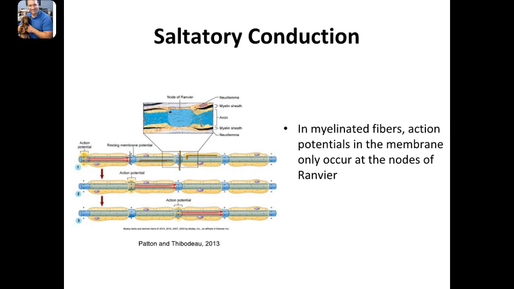Remember that the myelin sheaths are produced by a particular glial cell called a Schwann cell in the peripheral nervous system, so in the nerves within your arms and legs, and within the brain and spinal cord, it's an oligodendrocyte, a little cell, and they wrap themselves around the axon.